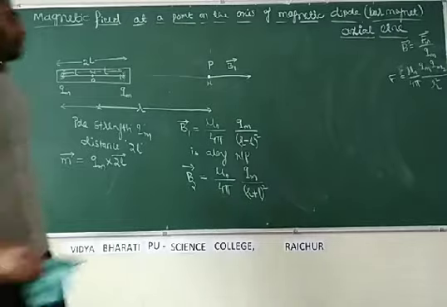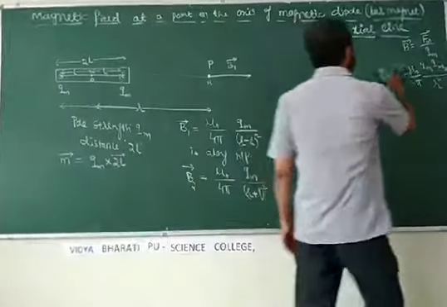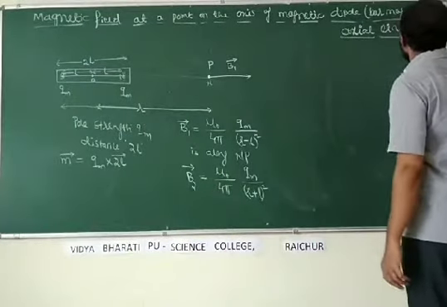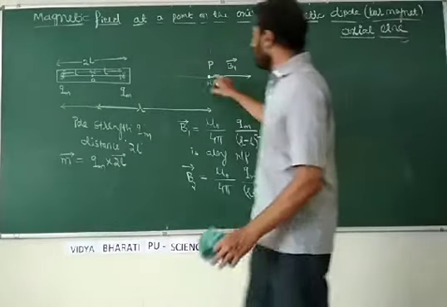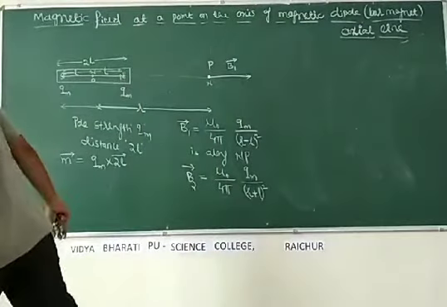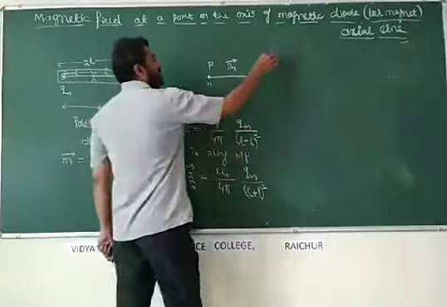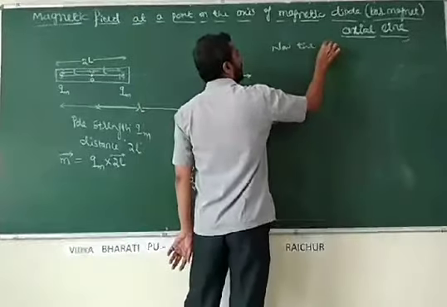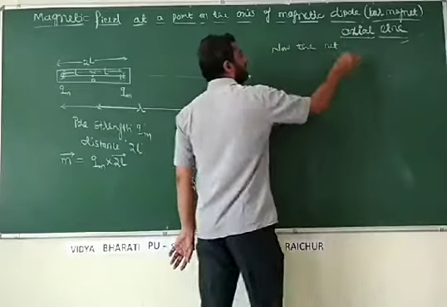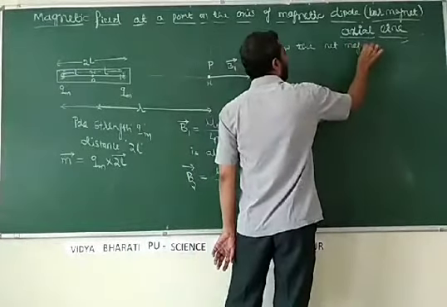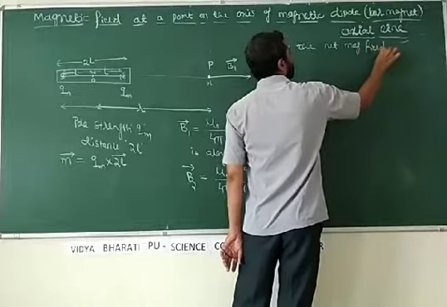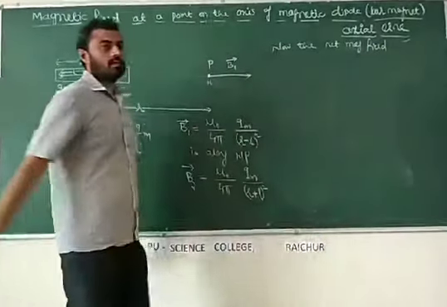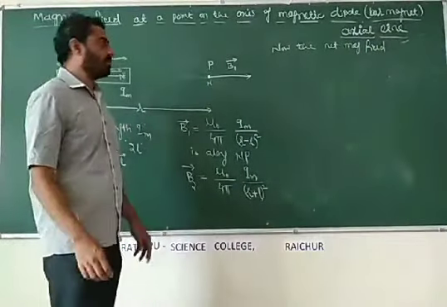Now two forces are acting on this unit test north pole placed at the point P. Now the net magnetic field, or you can call it the resultant magnetic field. Net magnetic field intensity is simply said as a field.